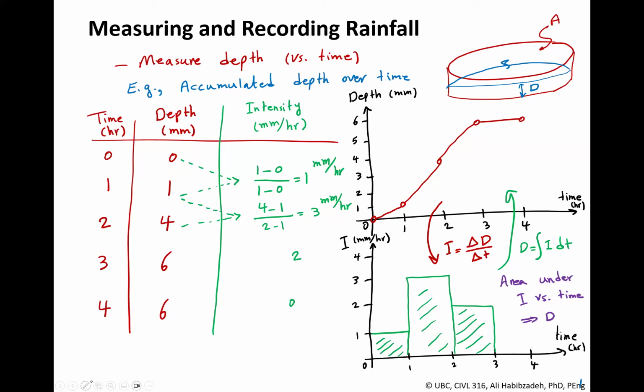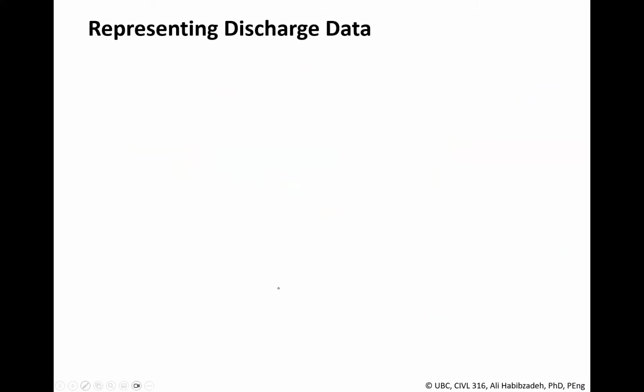It's a relatively simple way, but very accurate and very representative type of data. Now, the other type of data that we very commonly deal with is when we have flow, the runoff arrives at the POC. We want to see discharge.